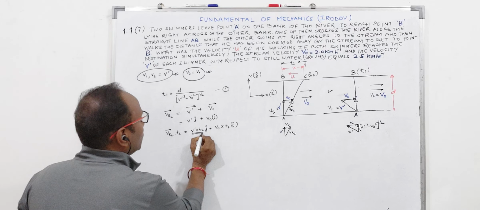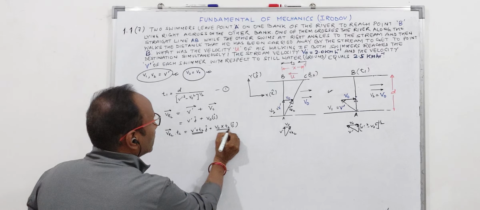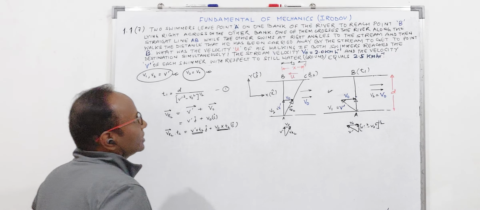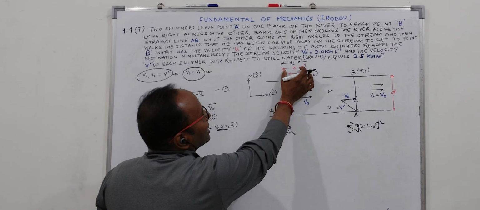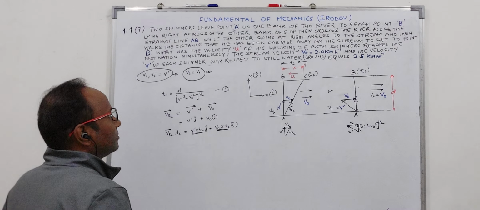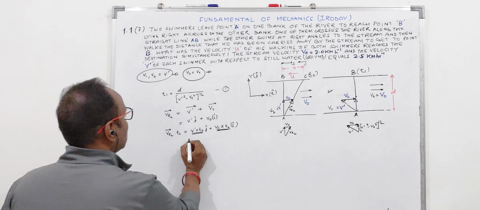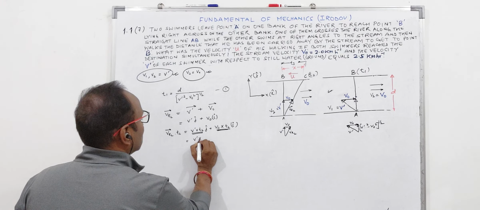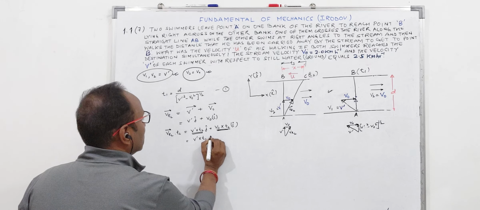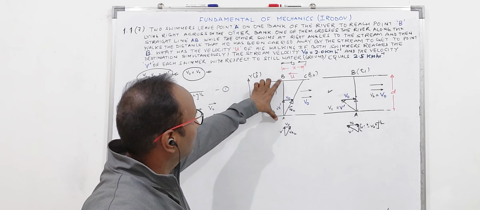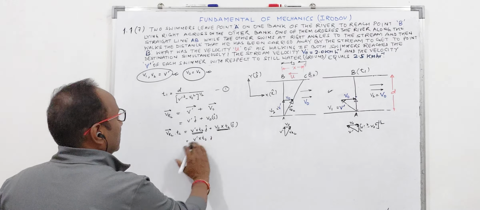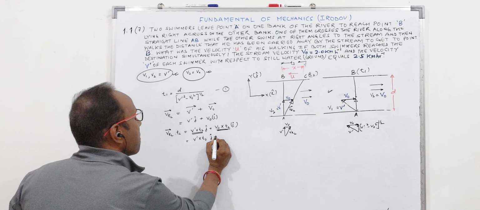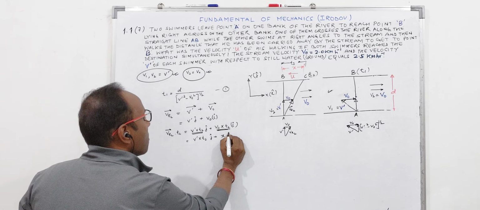V naught into T2 is nothing but this, which we have taken as X for convenience, and v dash T2 is AB, that is d.